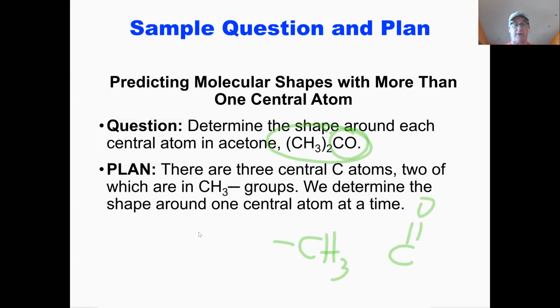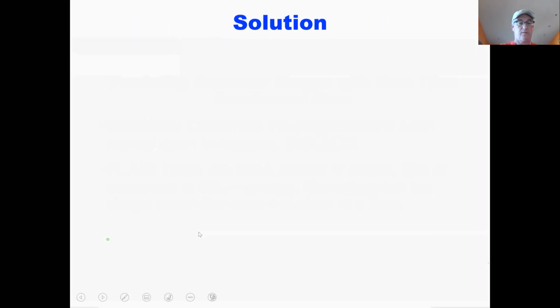So what I'll do is I'll draw this for you, and then we see if we can predict what the shapes around each of the carbons is going to be. So, as I mentioned, it's going to look like this. There we go. So we have a central C double bond O, and in organic chemistry we call this a carbonyl.